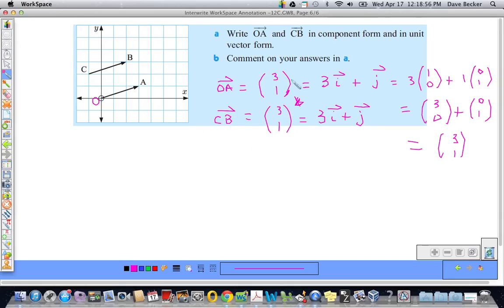They have the same components. Now, the interesting thing that you have to realize is it doesn't matter where a vector is on the coordinate plane. If they have the same components, same direction and magnitude, basically, then they are equal vectors. Easy peasy pumpkin pie. Becker is out.